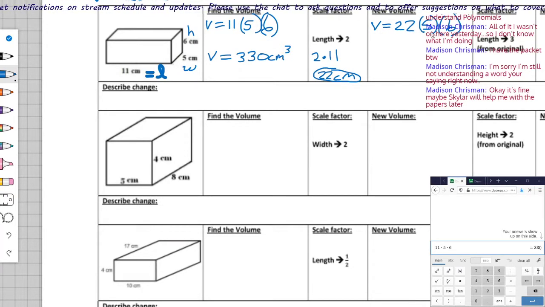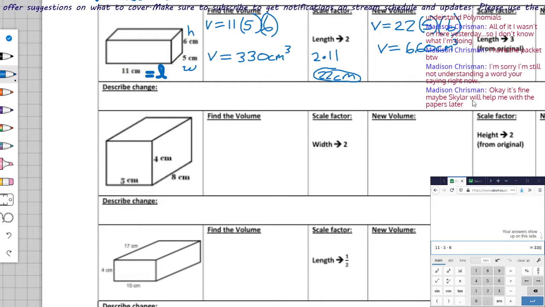So if we multiply this outright, you're going to get a volume of 660 centimeters cubed. So what happened? When we multiplied our length by 2, our volume doubled. Notice that 660 is just double 330.